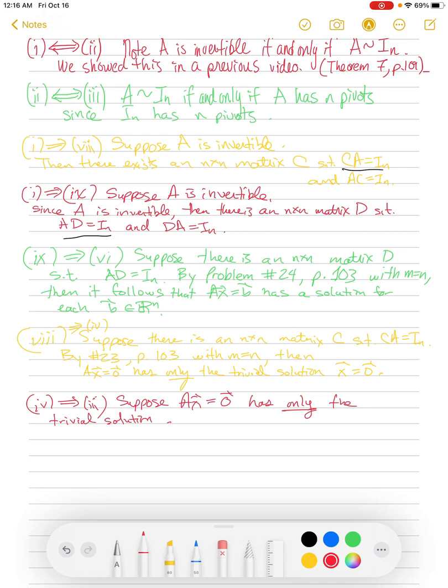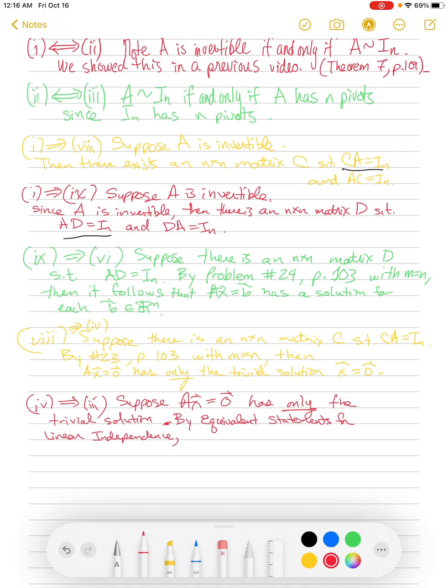So, what does that mean? If you remember the different statements for linearly independent vectors, that means by equivalent statements for linear independence, remember, AX equals 0 has only the trivial solution.